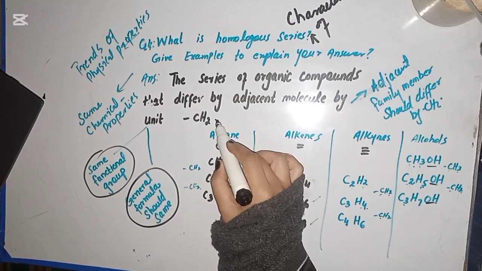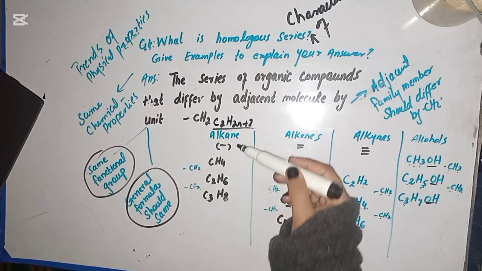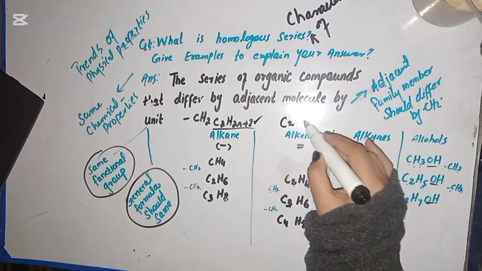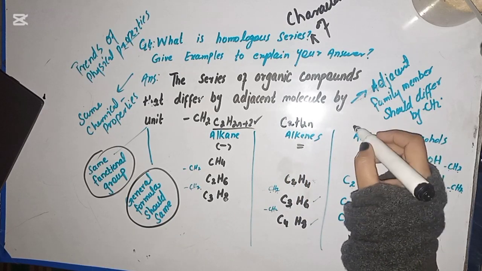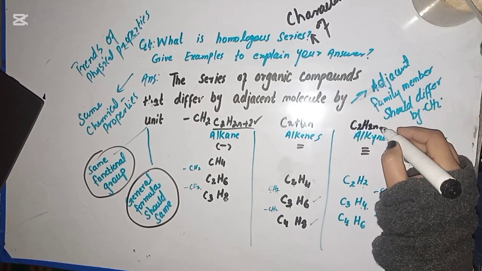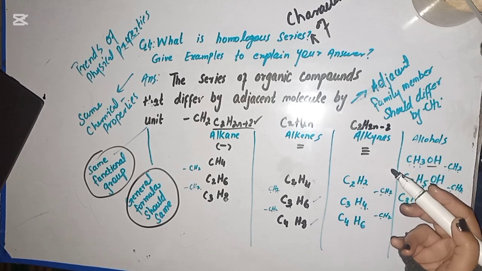The general formula for alkanes is CnH2n+2. For all the alkane members, we follow this general formula. For alkenes, CnH2n. We follow this general formula for alkenes. Similarly, for all alkynes, CnH2n-2. We follow this general formula for all alkynes.